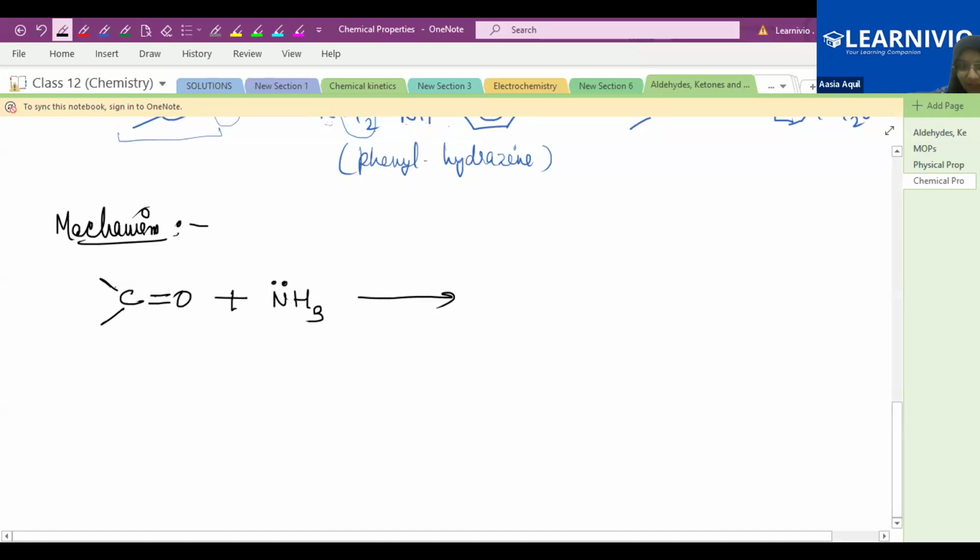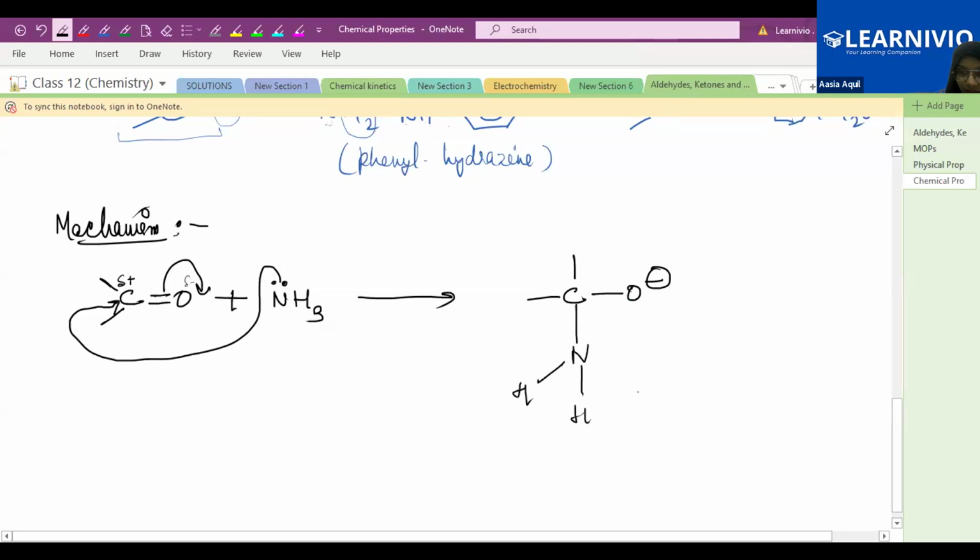Obviously carbon, because oxygen is more electronegative in the carbon-oxygen bond, so it acquires a partial negative charge and this carbon acquires a partial positive charge. So this nitrogen will get attached to the partial positive carbon, and this bond will shift here. Now what will be the product? This carbon has a double bond replaced by one bond, and a negative charge on the oxygen, as this bond shifts over here. And this NH3, the nitrogen with one hydrogen, two hydrogen, three hydrogen.